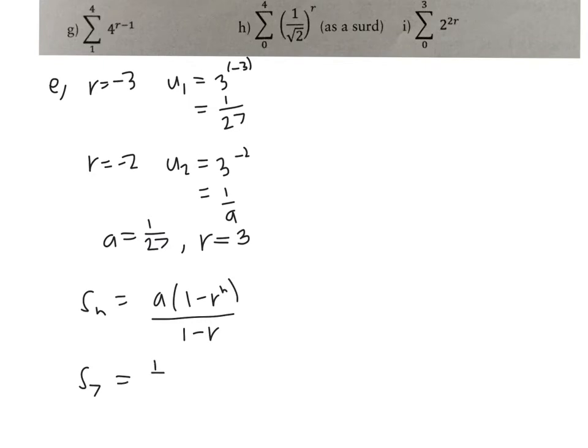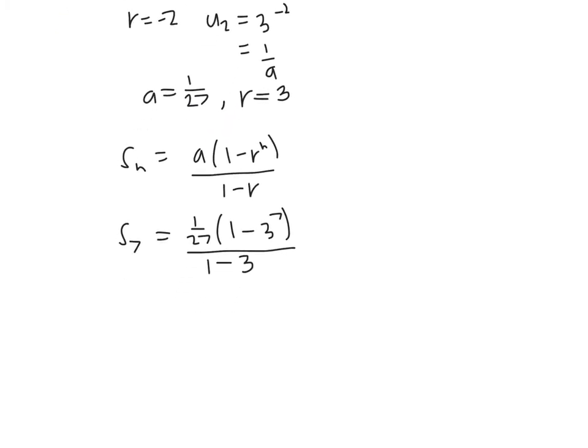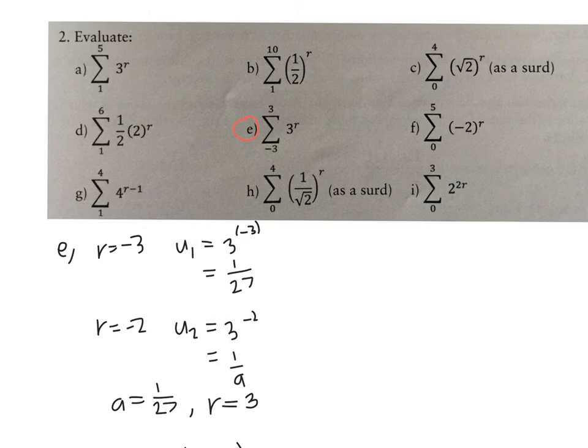So a is 1 over 27, 1 minus 3 to the power of 7, divided by 1 minus 3. And that gives 40 and 13 over 27, or if you want the decimal, it would be 40.48 to 2 dp.